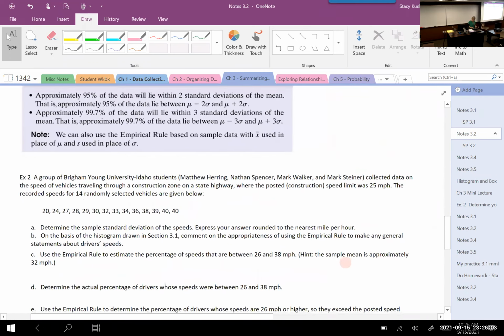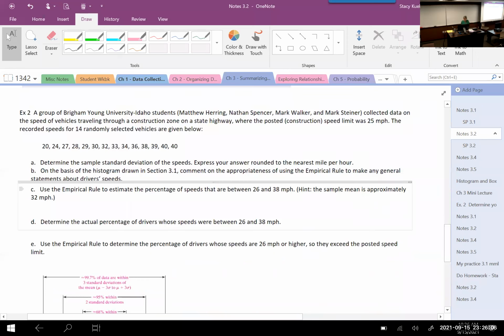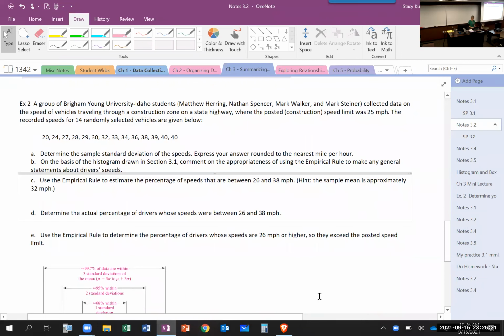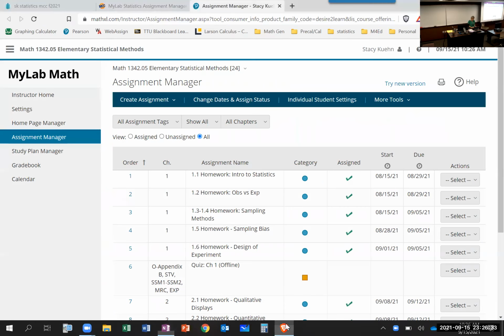This is in addition to the problem that you have on your paper. I want to work this one together, and then I'm going to let you work the next problem by yourself. You might want to add this to your notes. This is our Brigham Young example, and it's a continuation of the one that we used the other day in class.